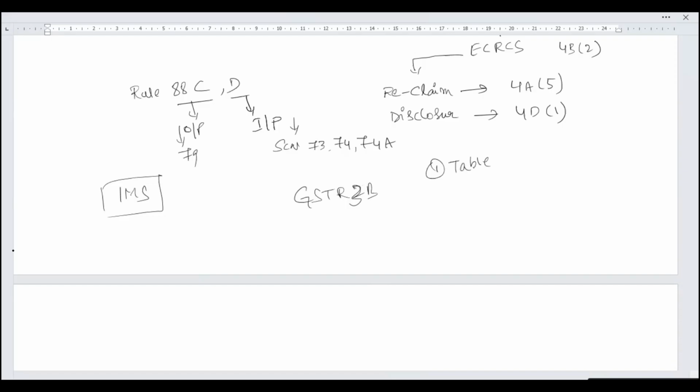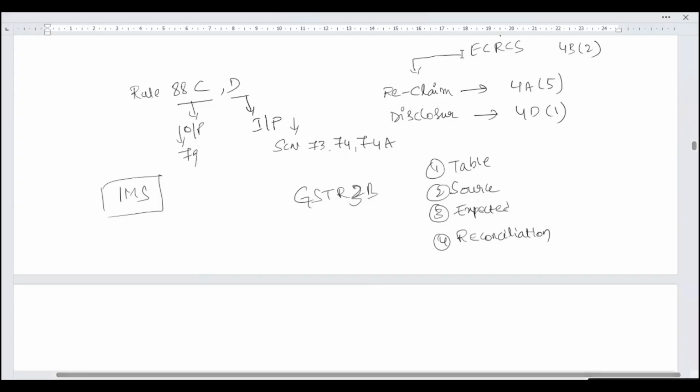For these particular tables, what is the source data from where we need to capture, what is expected from each particular data, and what reconciliation we need to do for filing this particular GSTR3B. All this we will understand in tomorrow's session. Any doubts before we wind up for today?